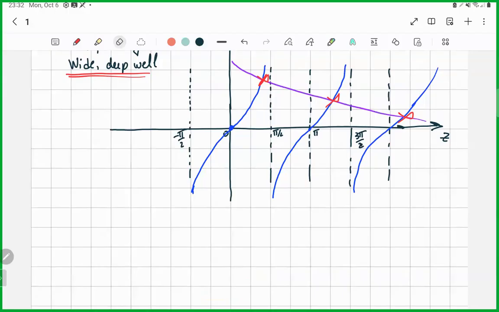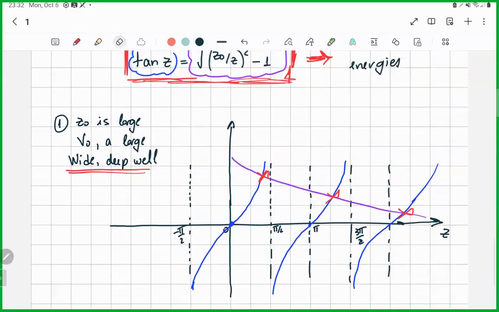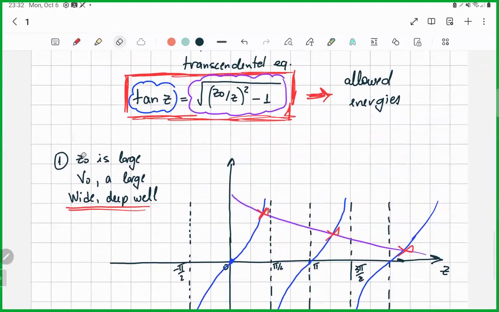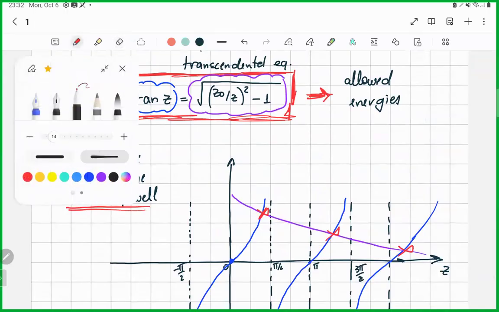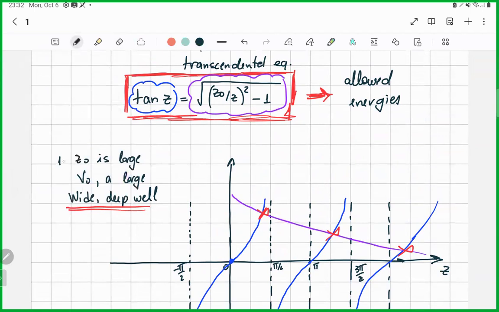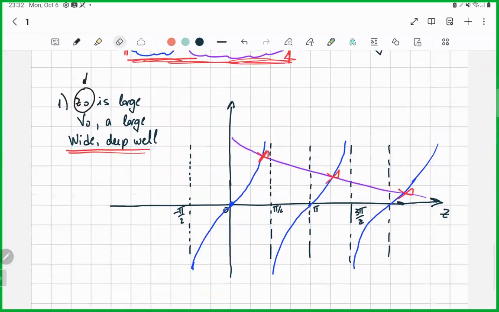So physically, that's what it means. But mathematically, if Z naught is really big, this means that z will have to be enormous for this function to really decay.